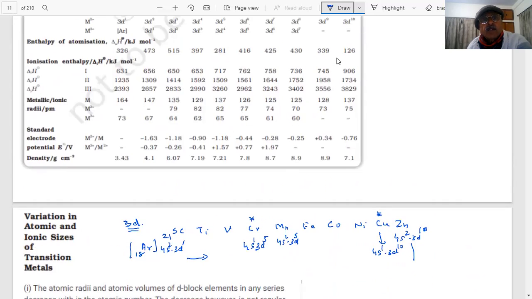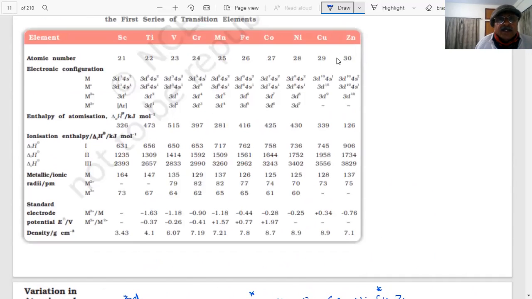Let me see the values which I have. This is a table which is given in the book. This is the radius, given in picometers. You are starting from scandium at 164, then 147, 135, decreasing. Up to chromium it decreased, and then you see 137, and these almost have the same value, and then there is a slight increase.